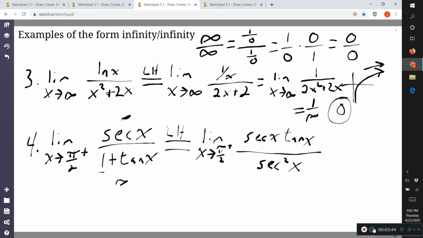We can cancel out a secant top and bottom. And when we do that, we are going to get tangent x over secant x. And if we try to plug in pi over 2 here, we get some similar issues, but we can keep simplifying.